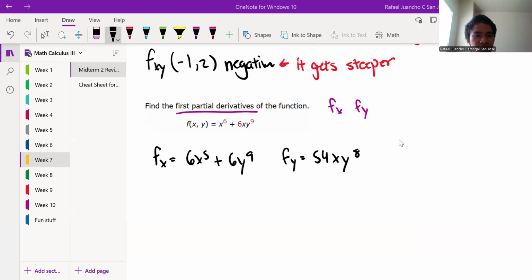Okay, find first partial derivatives. Let's do one for a three variable function.